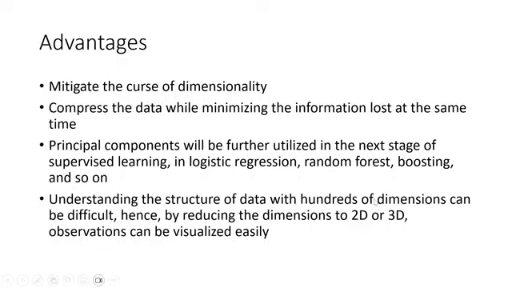Understanding the structure of data with hundreds of dimensions can be difficult, as we have discussed, right? Analyzing those 100 features and understanding the patterns in those 100 variables is difficult. So if we reduce that dimension to 2 features or 3 features, the observations can be visualized easily. For example, in k-means, you might have seen that if there were only two features, we nicely plotted the scatter plot and could clearly visualize the clusters.